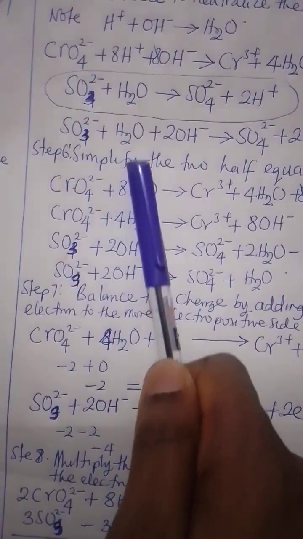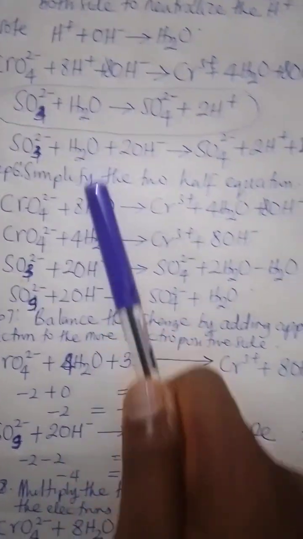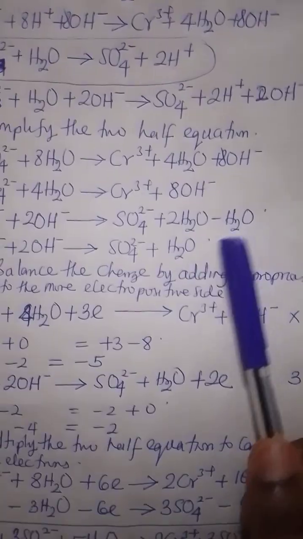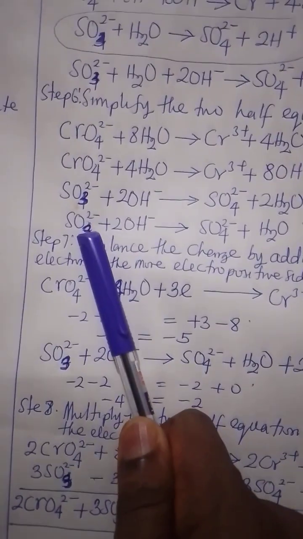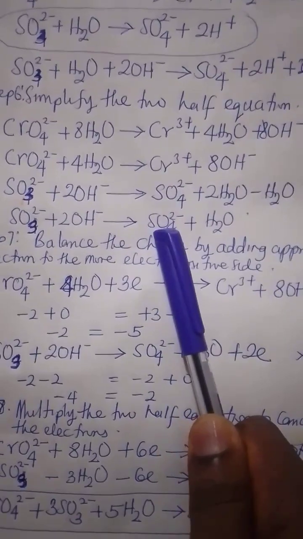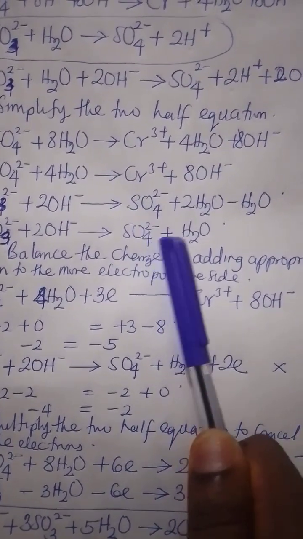And then the 1H2O that was here we transfer to this other side. That gives us minus H2O. Eventually we have SO3 2- plus 2OH-, giving us SO4 2- plus H2O.